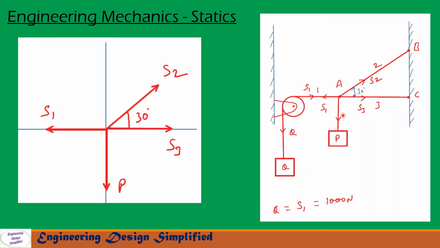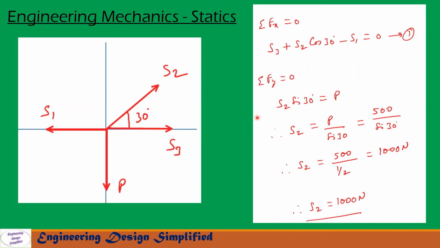So let us see free body diagram at point A. So at point A we have P acting downwards, S1 acting towards this direction horizontally, S3 acting towards this direction horizontally, and S2 acting towards this direction, and angle between S3 and S2 is 30 degrees. Now let us resolve forces along horizontal. So along horizontal, sigma Fx equal to 0.